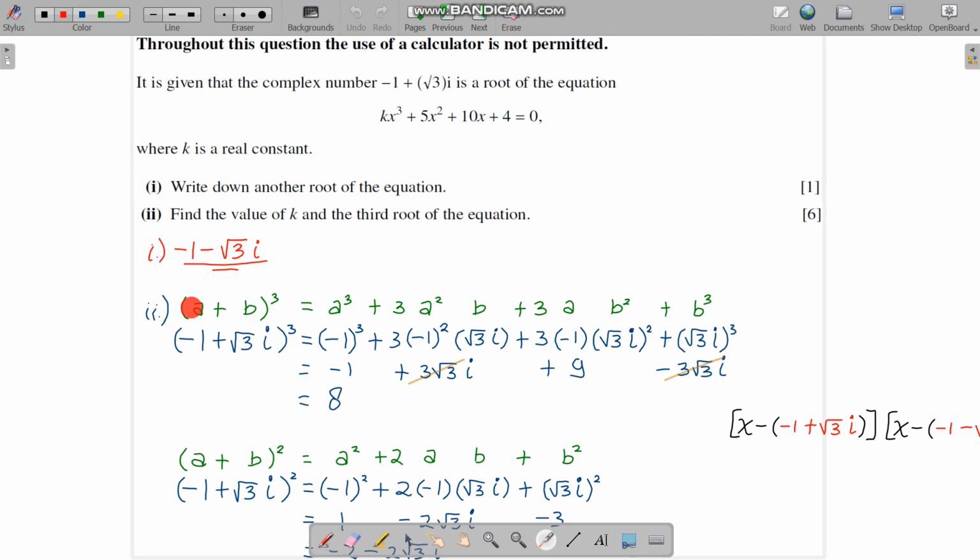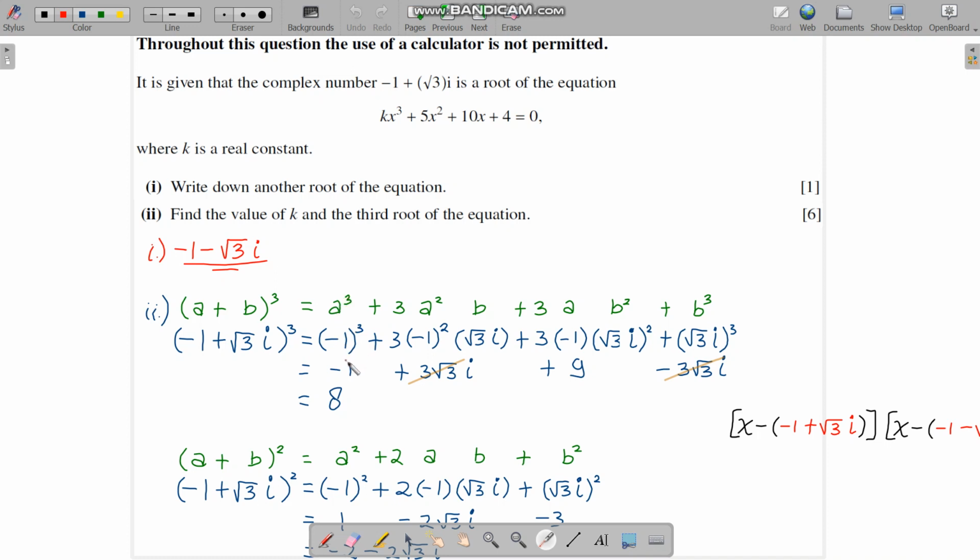We use this identity, or you can just use the binomial expansion formula to get exactly the same thing here. (a + b) cubed is equal to a cubed plus 3a squared b plus 3ab squared plus b cubed. So the a is minus 1, the b is root 3 i.